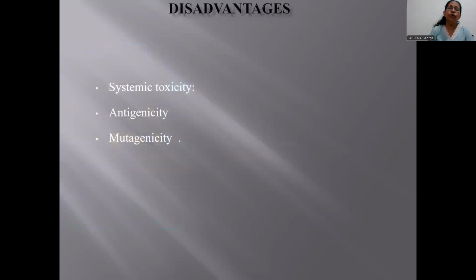Even though formocresol is considered the gold standard in pulpotomy, it is a controversial material. Systemic toxicity, antigenicity, mutagenicity, carcinogenicity, and permanent tooth hypoplasia have all been reported after the use of formocresol.